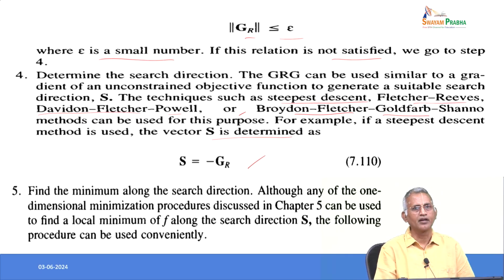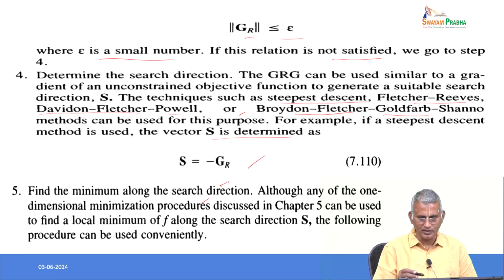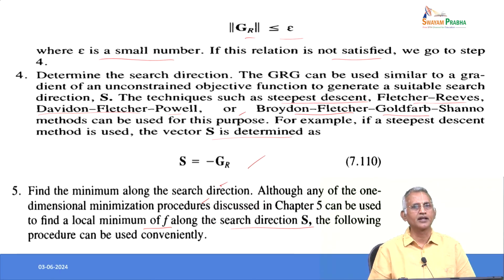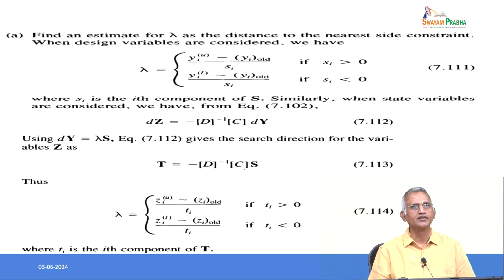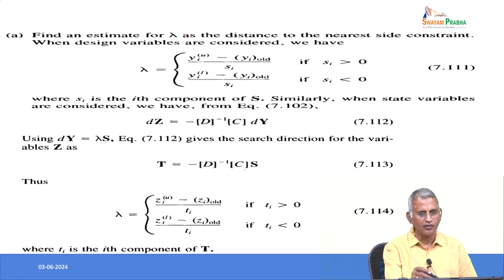For the minimum along the search direction, any one-dimensional minimization procedure discussed in this chapter can be used to find the local minimum of f along the search direction S. The following procedure can be used conveniently. Subdivision A: find an estimate for lambda as the distance to the nearest side constraint.